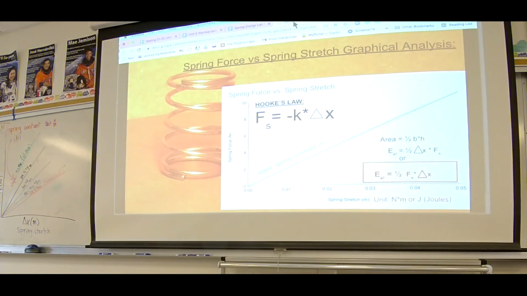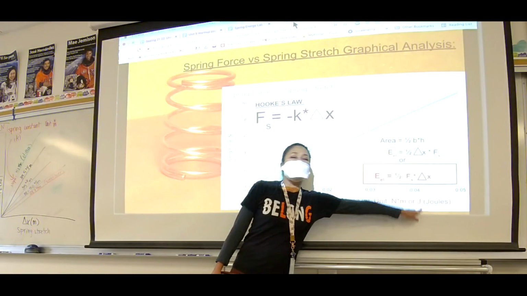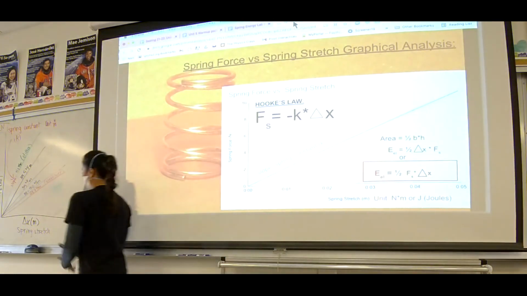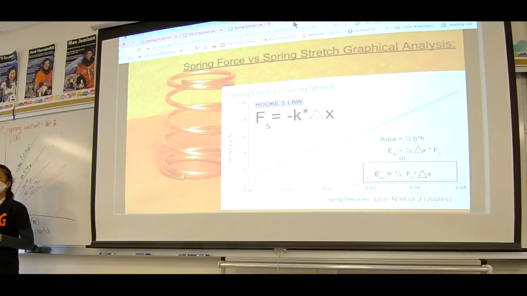So this is your unit for energy, either newton meters or joules, J. That's a new variable that you're going to have to memorize.